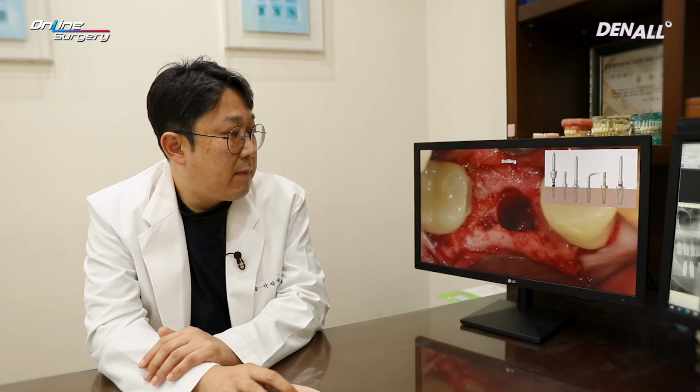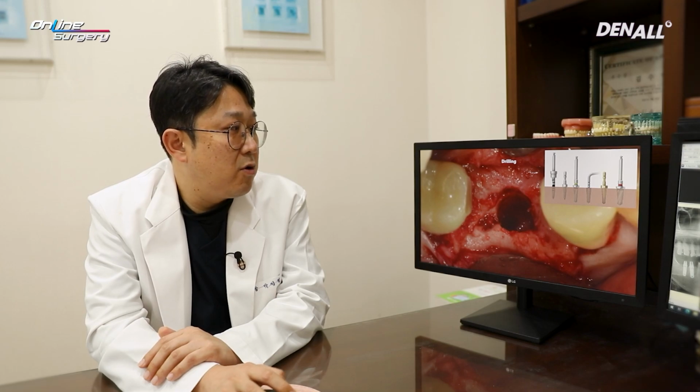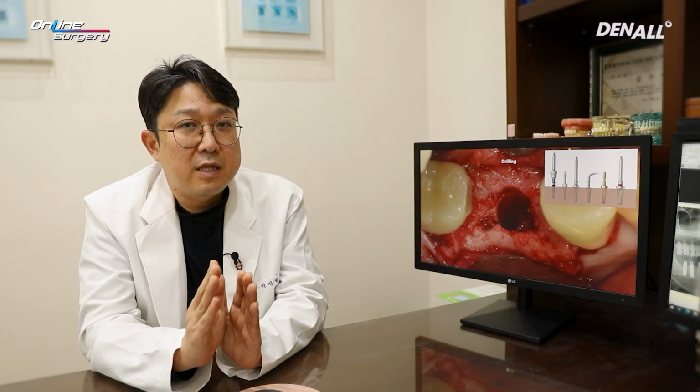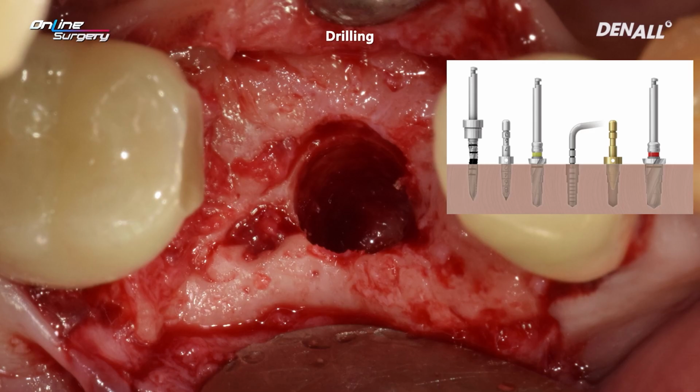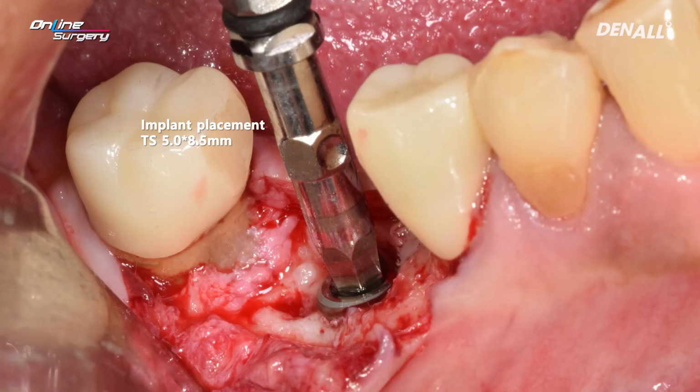Mesiodistal and buccolingual positioning can be marked using the bush. That will be helpful. With a marked position, considering the relationship with the opposing tooth, the mesiodistal angulation and the buccolingual angulation can be confirmed step by step.